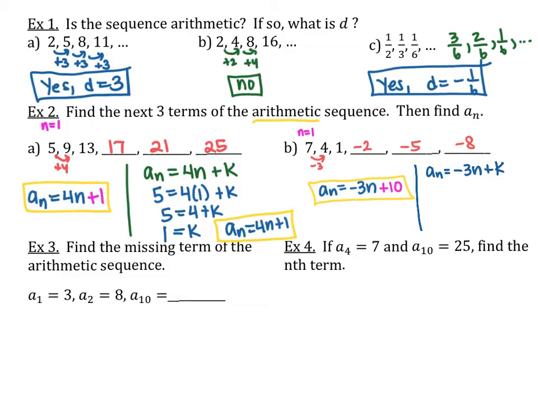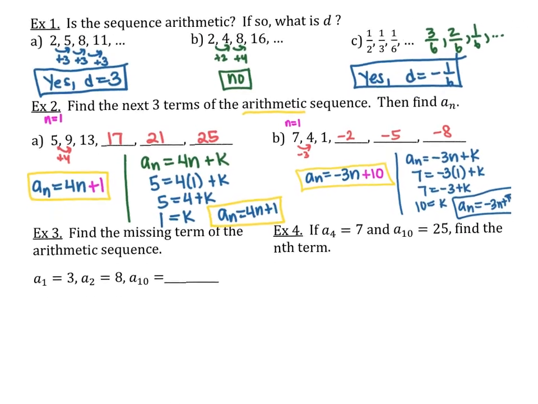So the first term is 7. Negative 3 times, since it was the first term, n equals 1. I still get k equals 10. And so now when I write my formula, it's negative 3n plus 10. And I still might check it on a couple terms just to make sure it's correct.